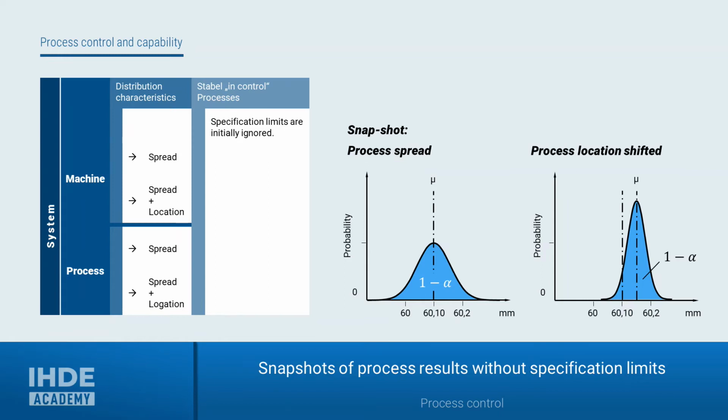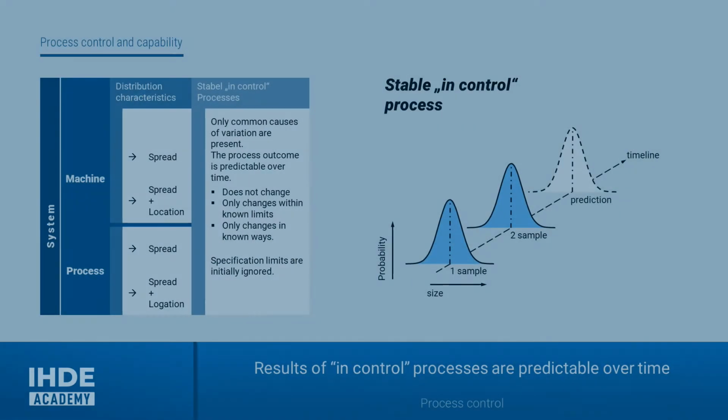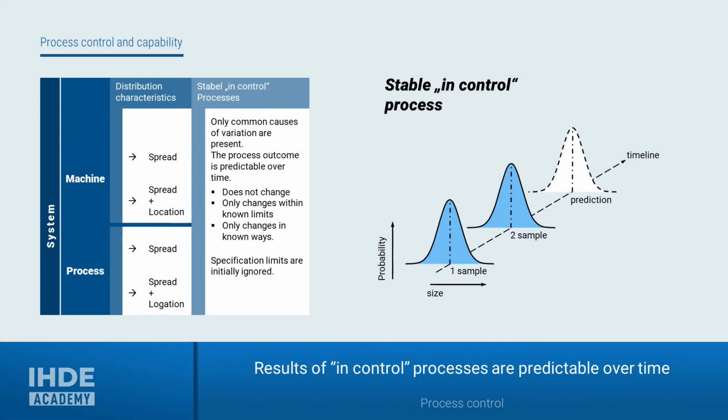As I have just used the word snapshot, I would like to point out that a single observation cannot yet be used to draw any conclusions about the future behavior of the process. Only when, as shown here, several samples have been taken, which are staggered in time, can one also make a statement about the future behavior of a process.